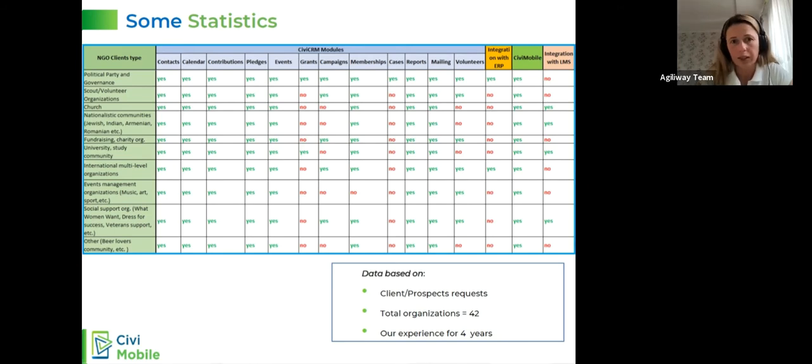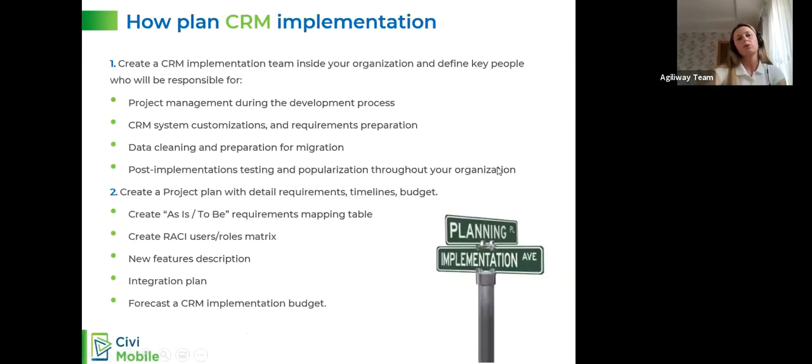Yeah, let's go. So how to plan a CRM implementation? When clients come to us, we always ask about requirements, and the first requirements they think of are really only about 15% of all the requirements we have during the final discussion.